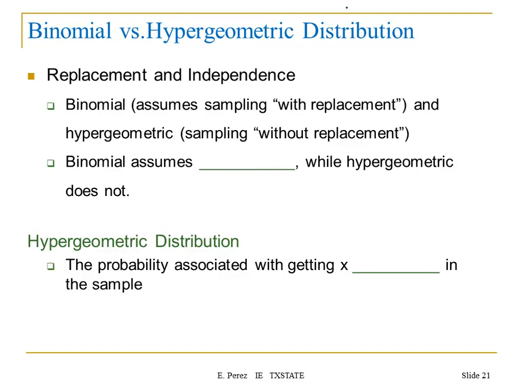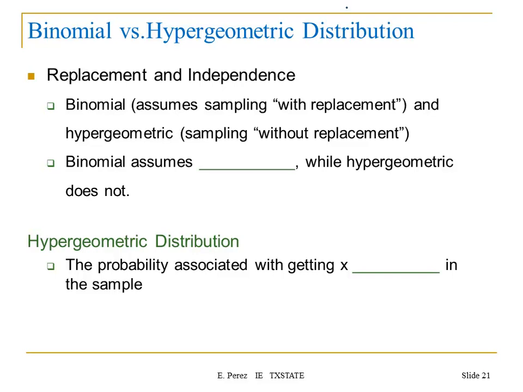So before we get to the hypergeometric, I want to provide a comparison between the binomial and this new distribution. And the main difference is the concept of replacement and independence. Okay? So for the binomial, we assume sampling with replacement, which means that you can take a sample and return it back to your population.